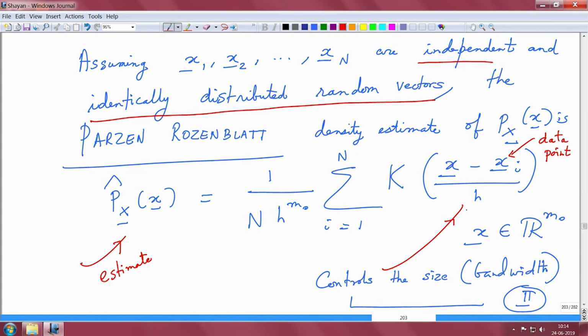There is this parameter h here, and this controls the size of the kernel, or in general the bandwidth. x and xi are vectors in an m naught dimensional space. So therefore this PDF is essentially a multivariate PDF, and this h is basically a scalar quantity which is controlling the bandwidth.